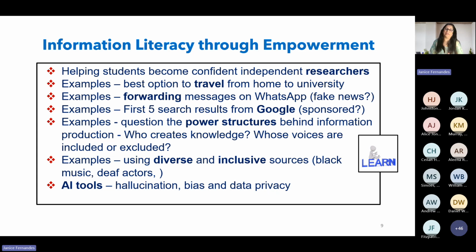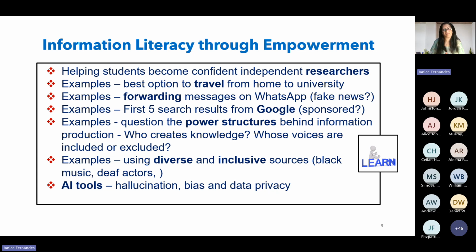And then did you find that the train works better than the bus, but it's more expensive, and the bus works better than the train, but it takes longer? And I will use a different mode of transport if I have an early morning assignment or class, and things like that. So I explain information evaluation to them in the context of their daily life.